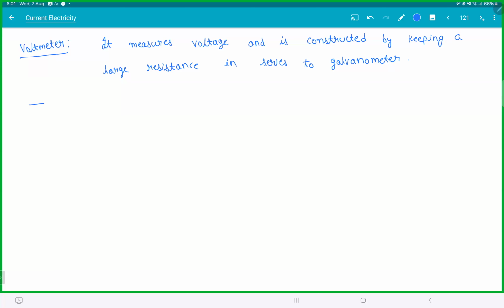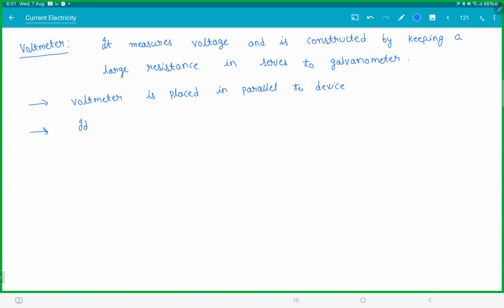So first thing, a voltmeter is kept in parallel. Whichever device you want to measure the potential difference across has to be kept in parallel. Don't get confused. To construct it, you have to keep a resistance in series, but to measure voltage, the voltmeter must be kept in parallel so that they get the same voltage.